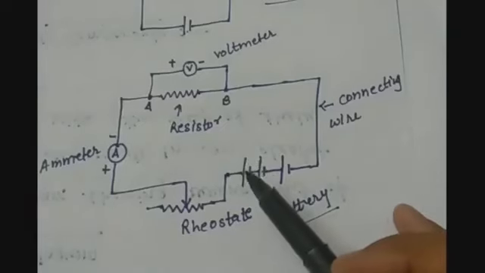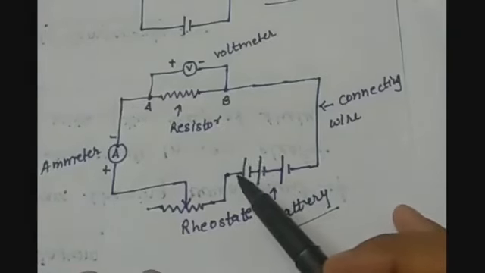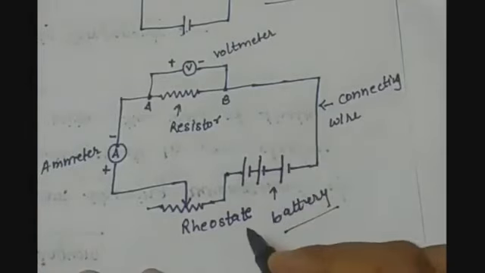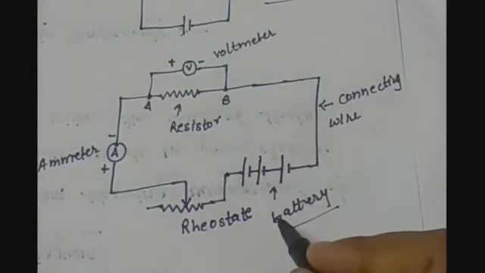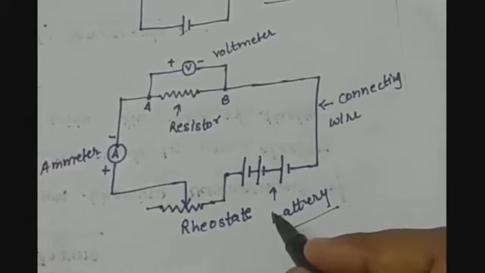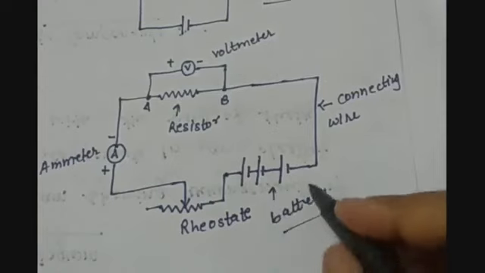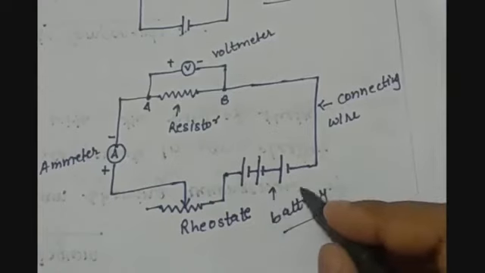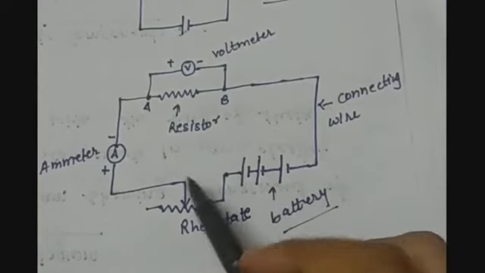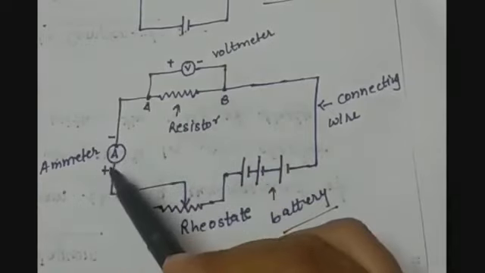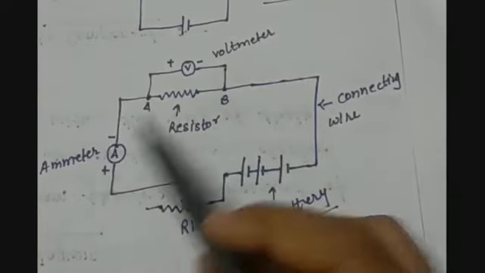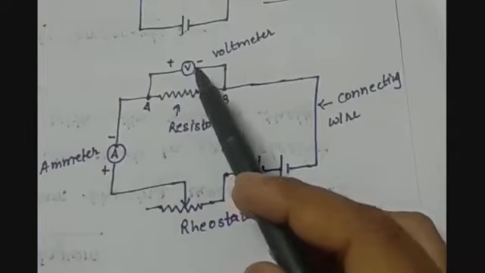The diagram we just made in electric circuit diagrams is the Ohm's law apparatus, or you can say the circuit on which Ohm worked. So what did he do here? He had a battery as an electric energy source, a rheostat to vary the resistance in the circuit, an ammeter to measure the current in the circuit, and a voltmeter to measure the potential difference.